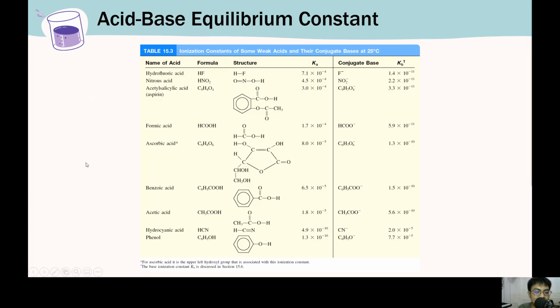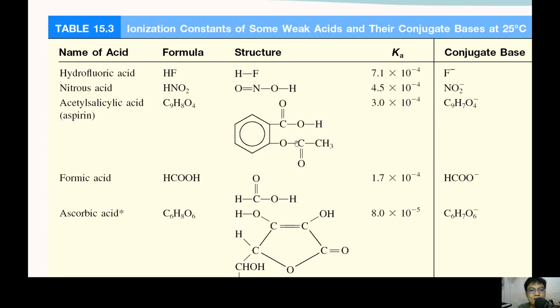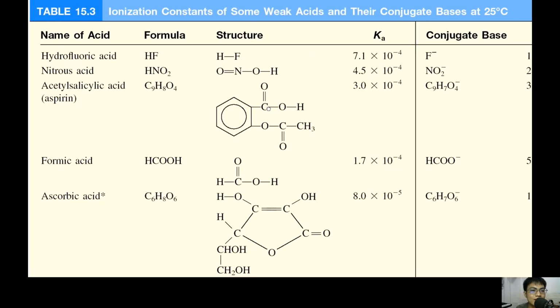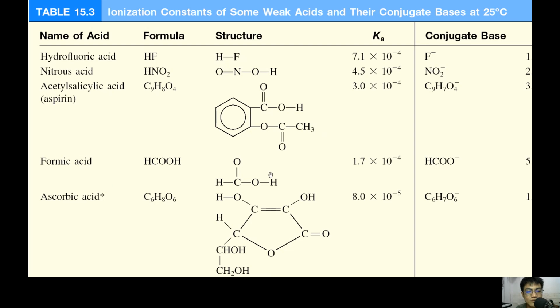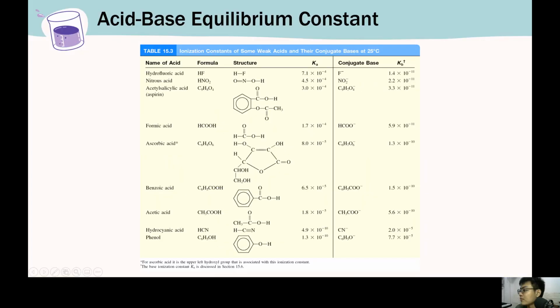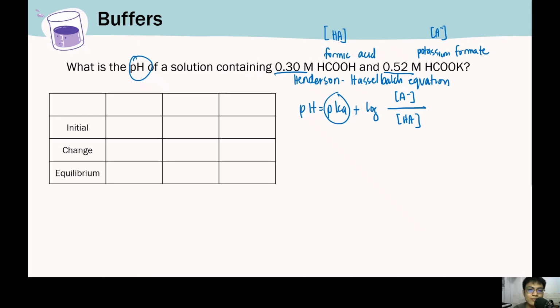So, is this it? Okay, so here, formic acid. This is the ionization constant of our formic acid. For formic acid, that's 1.7 times 10 raised to negative 4. I placed it here.